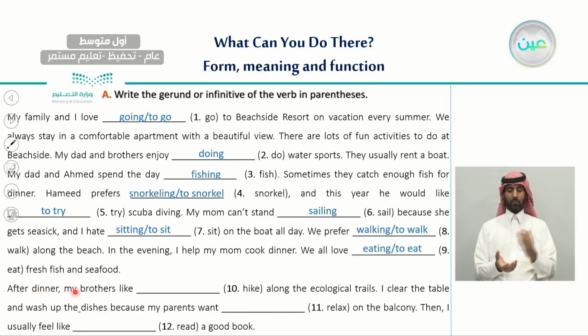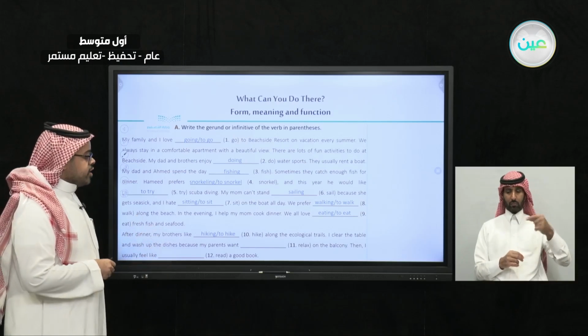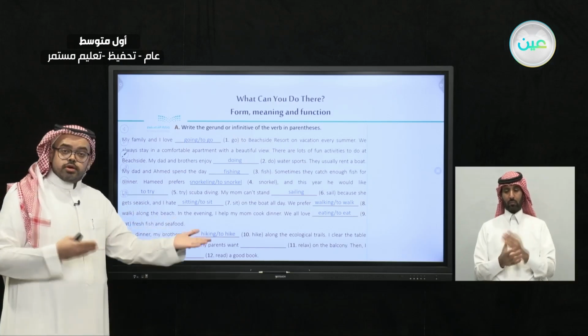After dinner, my brothers like playing hike along the ecological trails. So here, my brothers like, very good. My brothers like hiking or to hike. So also like is the kind of verb that we can use both with gerunds and infinitive.